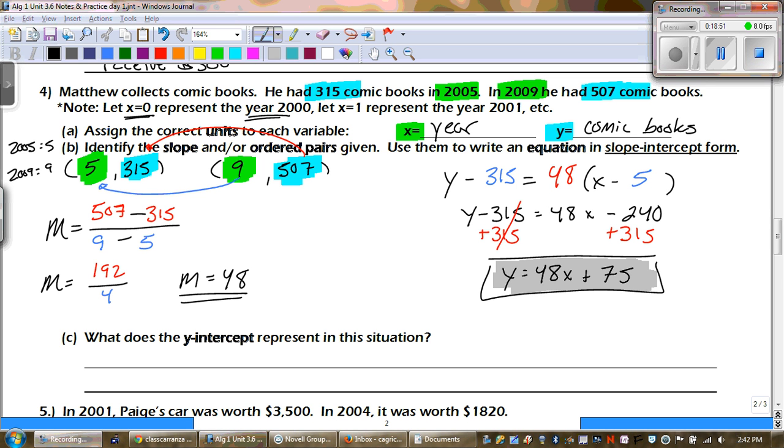Okay, when you're done with all that, you should get y equals 48x plus 75. Okay? Y-intercept. Our y-intercept is 0, 75. Okay, so what does that mean? Well, 0, we already know that 0 equals the year 2000.